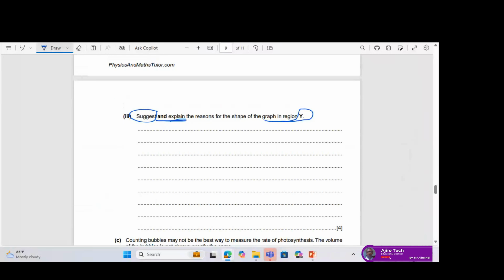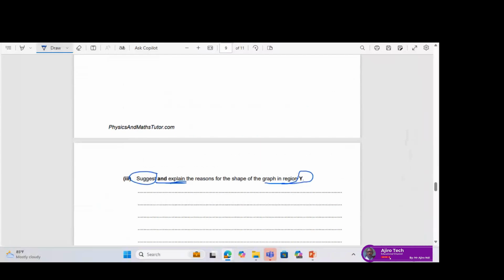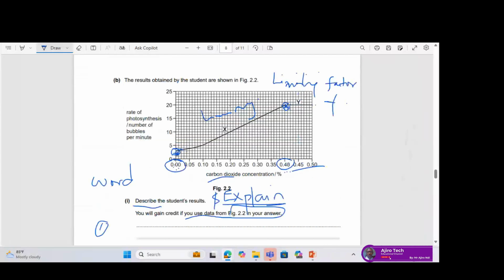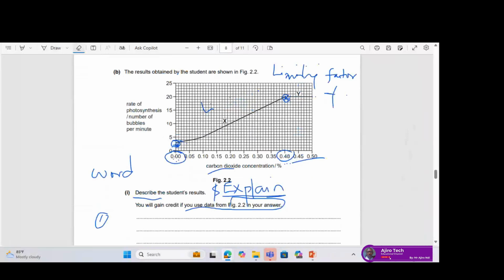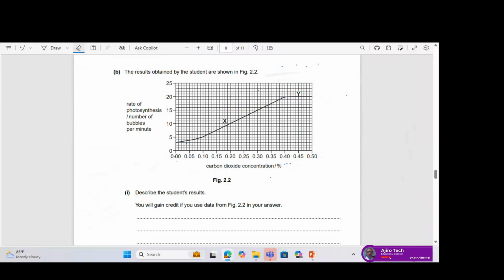At line Y, the rate of photosynthesis has basically reached its max in the plant, and what do I want to say?